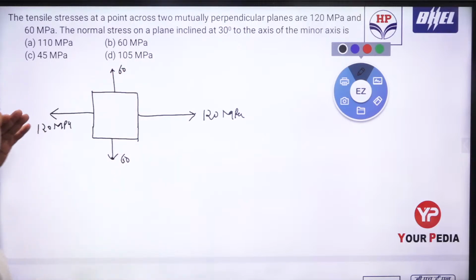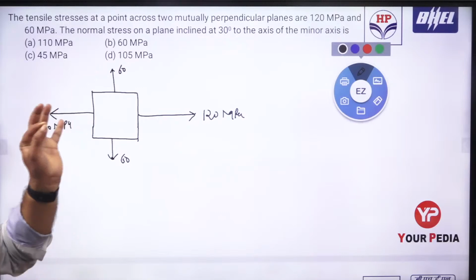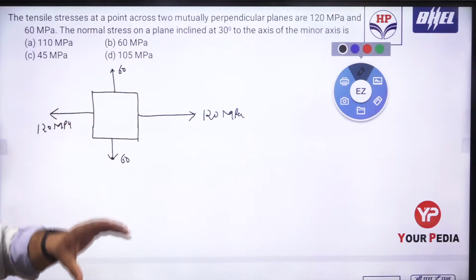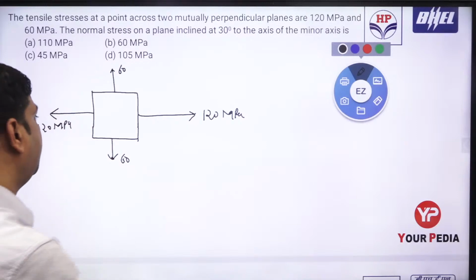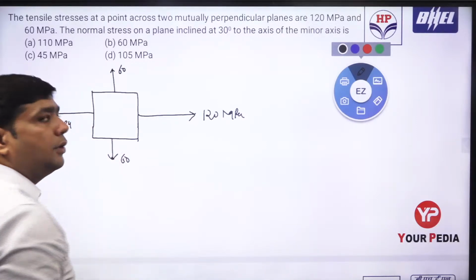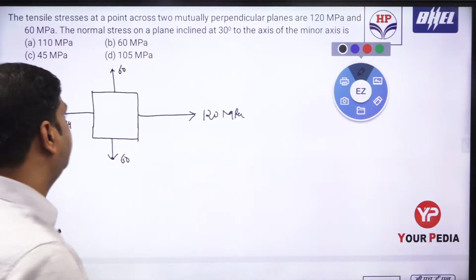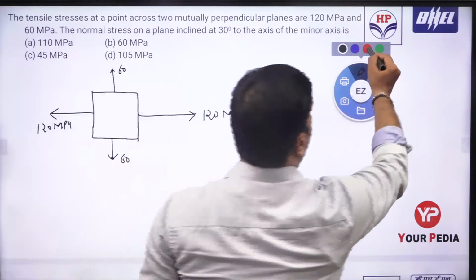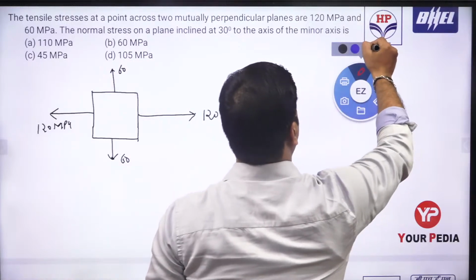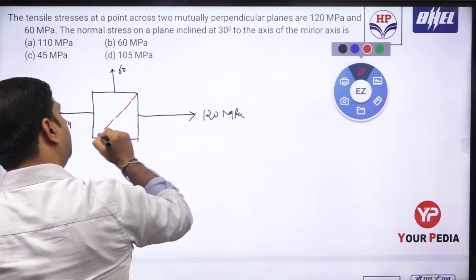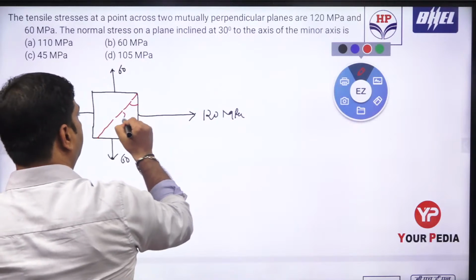Minor plane is this one. Any plane along the y direction is known as the minor plane. A plane along the x direction is known as the major plane. So I'm talking about this minor plane, and it is inclined at 30 degrees.